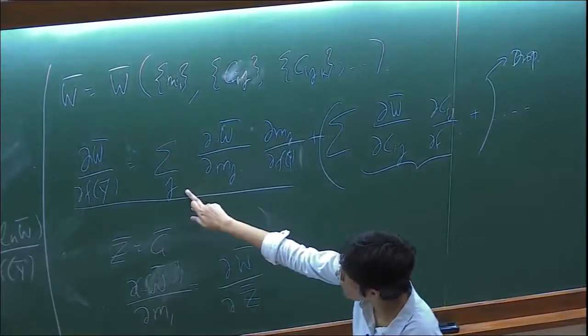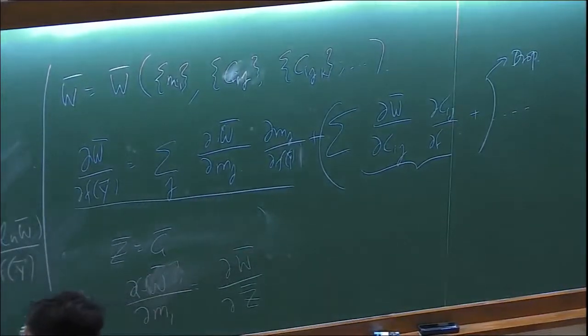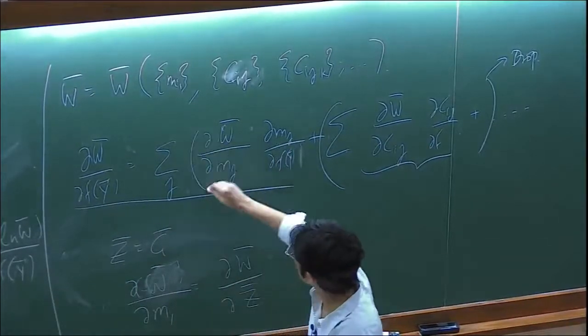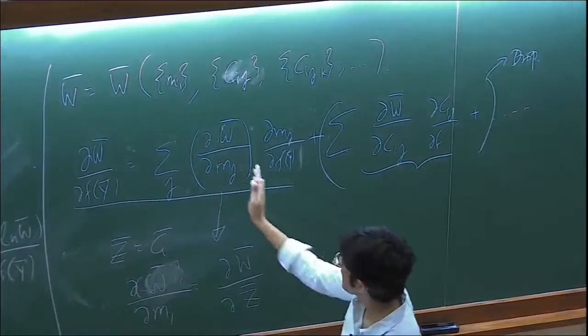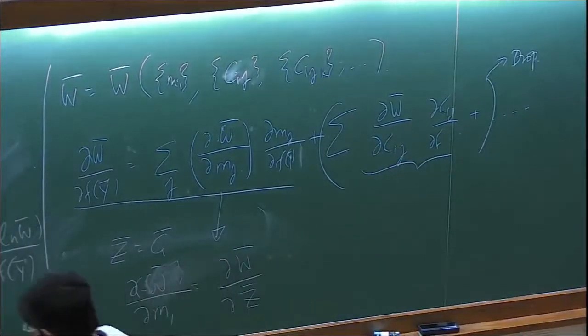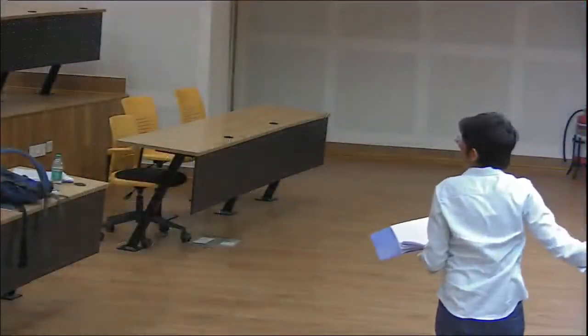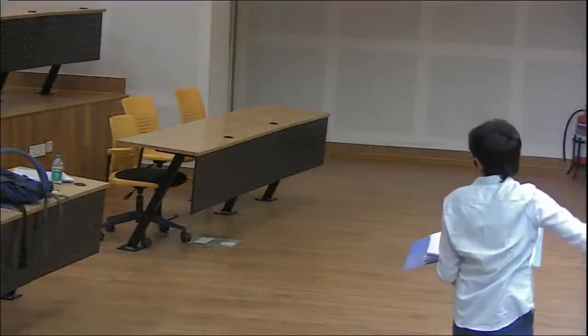Then I have a summation over J, and I have everything. So I'm going to take this term, because of this, outside the summation, and put things together, okay? I do all that.